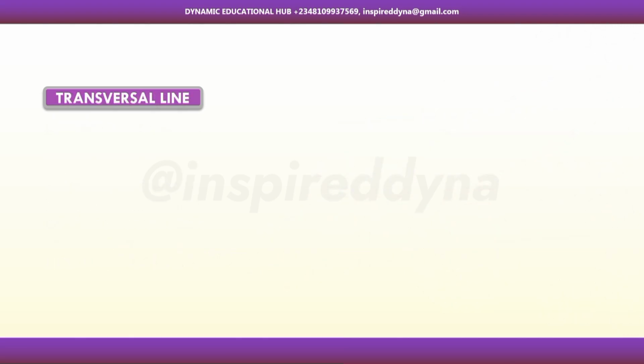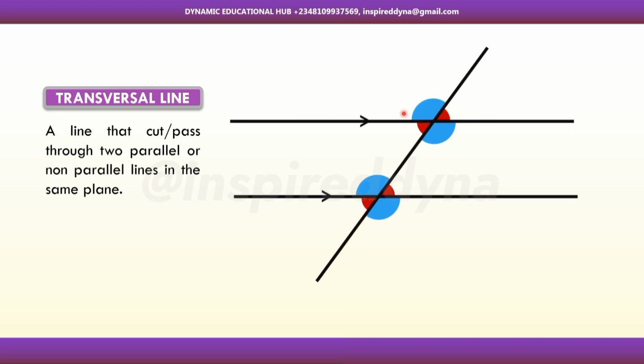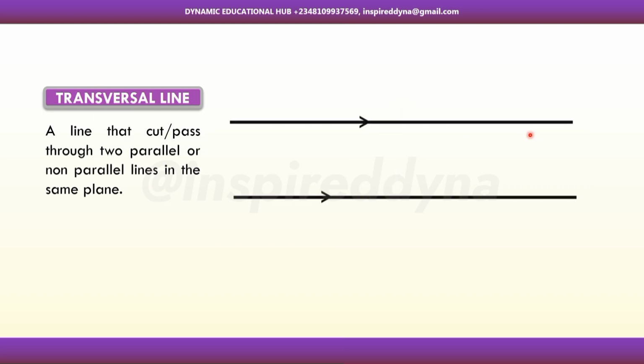We also have another line that is known as a transversal line. What is the meaning of a transversal line? A line that cuts or passes through two parallel or non-parallel lines in the same plane. So when we have two lines like this, for instance, you can see an arrow here, an arrow here.